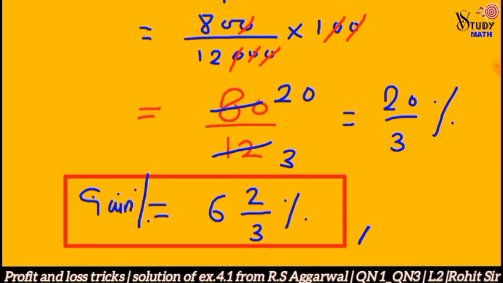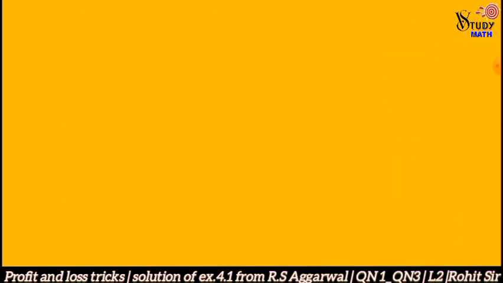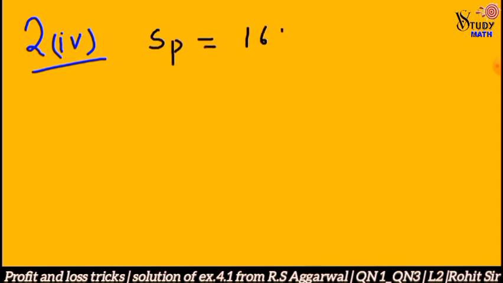I hope you understand. Now move to the next problem. Question number 2, problem number 4. In problem number 4, SP is given here, 1611, and CP is given here, 1800.